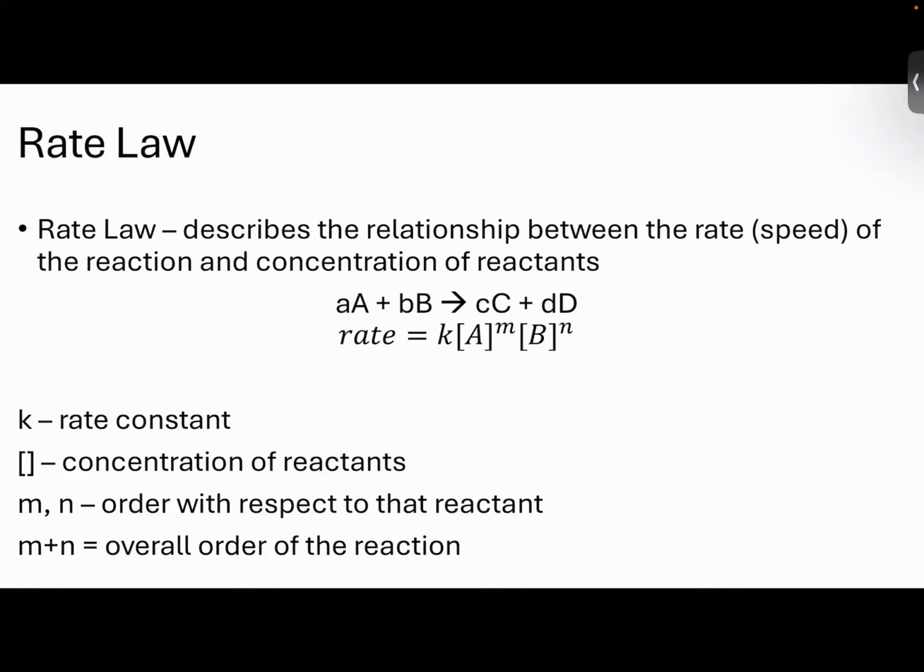So here we have a very generic reaction where you have the coefficient a times the concentration of A plus the coefficient b times the concentration of B goes to yield the coefficient c times C plus d times D. The first thing you need to know about a rate law is a rate law has a generic equation.